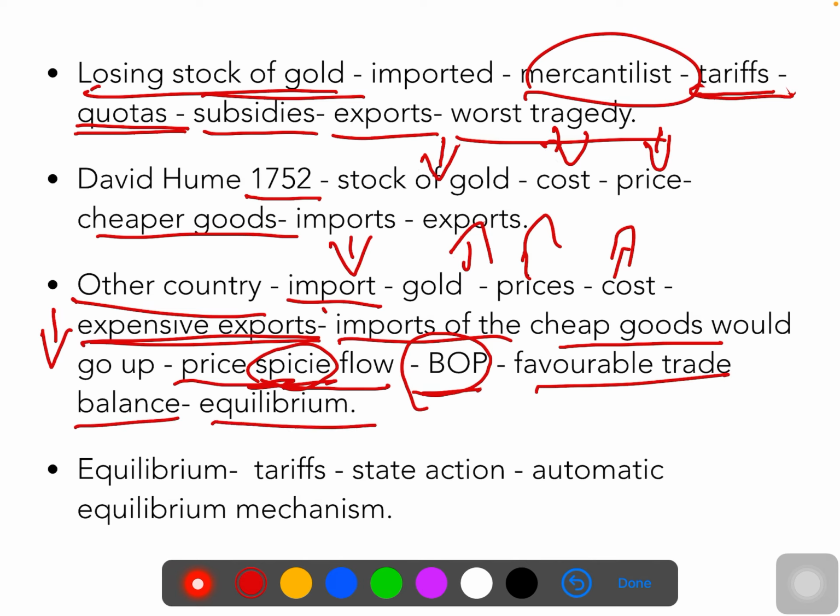The equilibrium we are talking about will be completely stable, self-correcting, requiring no tariff, no state action. The fixed exchange rate was maintained by an automatic equilibrium mechanism. Continuously everything will be coming to equilibrium with a market mechanism. No need to interrupt in this case.